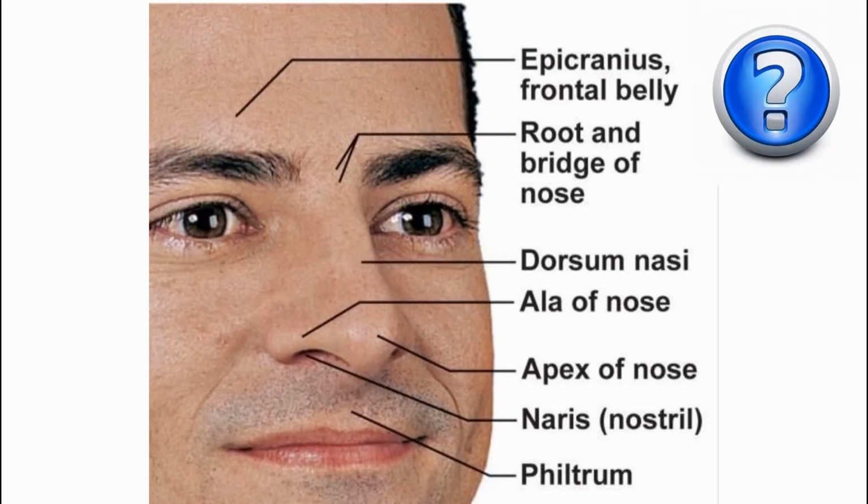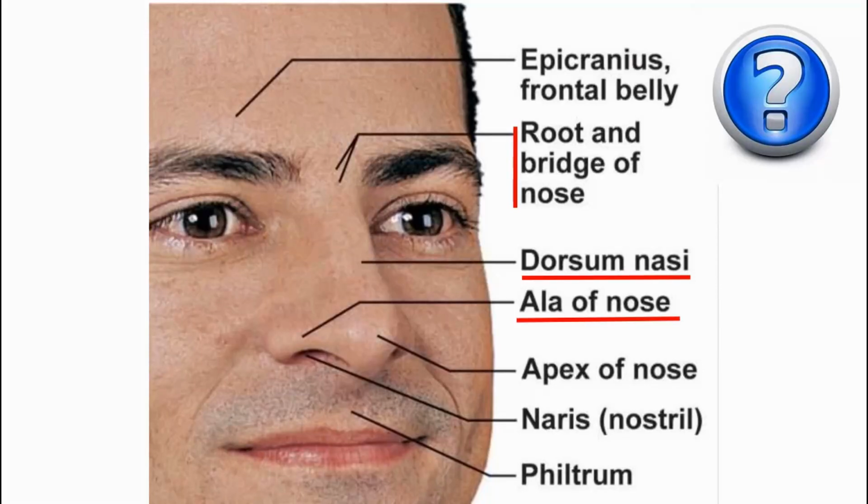What are the external features and the external names of the different parts of what we see of the external nose? First of all, if we look at the area between the 2 eyebrows, this is the beginning or the root of the nose, and then as it comes down, it is the bridge of the nose, and then we have the ala of the nose, the most lateral part of the external nares or external opening.